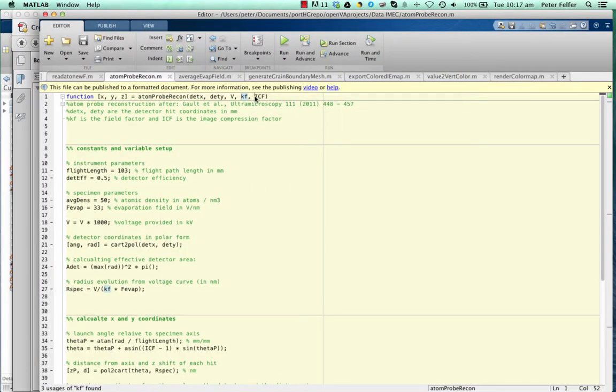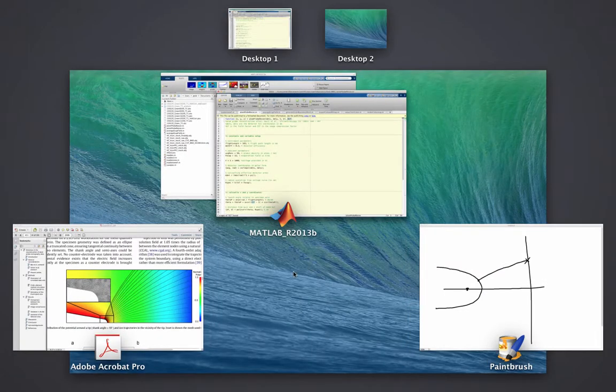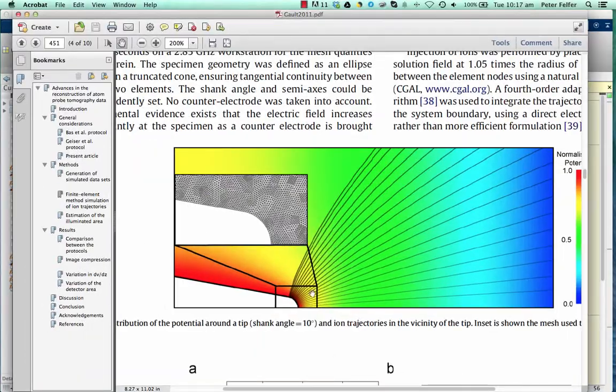And the second value we have here is the image compression factor. The image compression factor takes care of the fact that near the tip, not so much far away from the tip where there is no field or should be no field, where the ions are flying in straight paths, we're actually getting the ions flying in slightly curved paths.